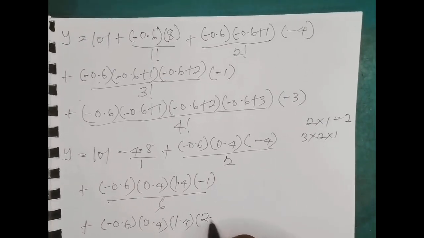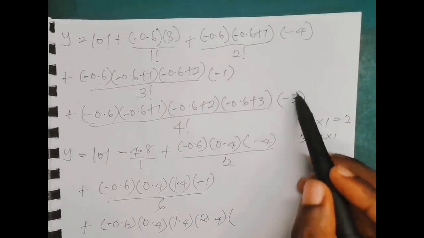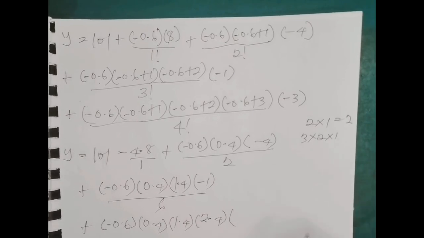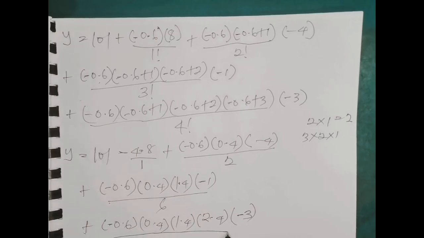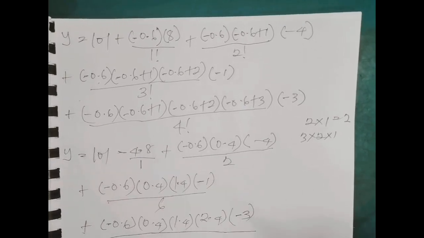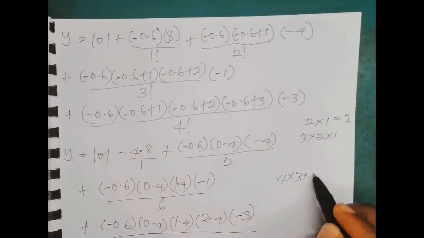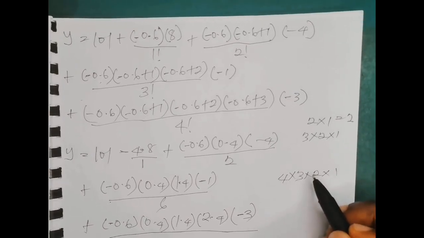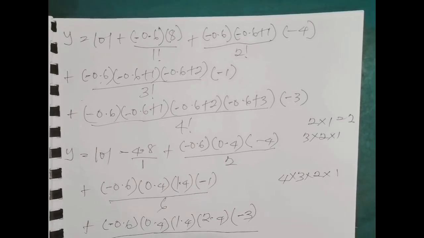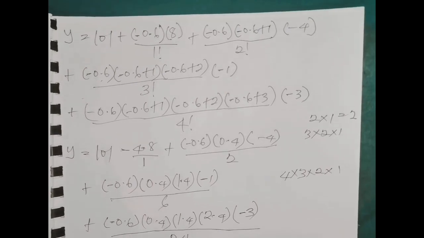This gives us 2.4, multiplied by negative 3 here. You have this divided by 4 factorial. 4 factorial means 4 times 3 times 2 times 1. 4 times 3 is 12, 12 times 2 is 24, 24 times 1 is 24. So we're dividing this by 24.